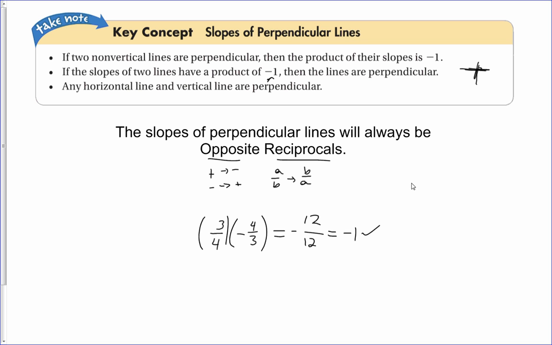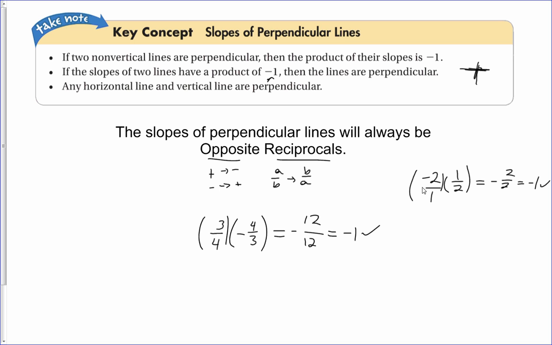So what happens if we had a line with a slope of -2? Well, your opposite reciprocal would be positive 1/2, because any whole number can be written as a fraction by simply putting it over 1. So now when you multiply these two together, you're going to get -2 over 2, which is -1. All right, so again, they are perpendicular.